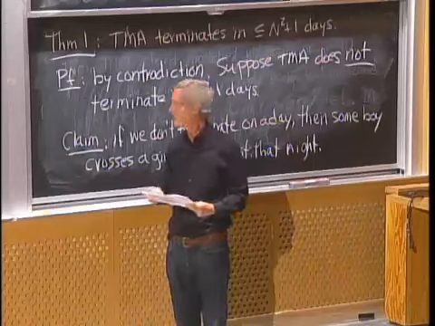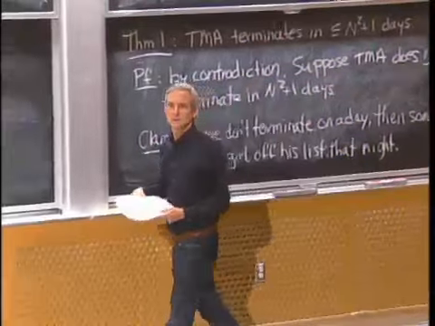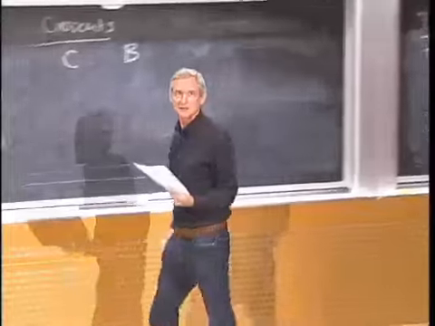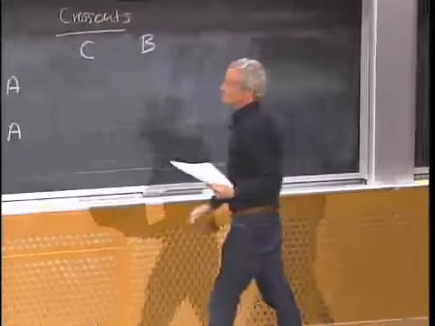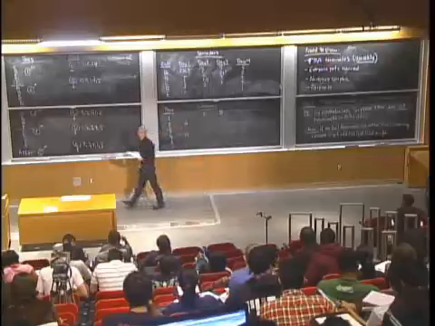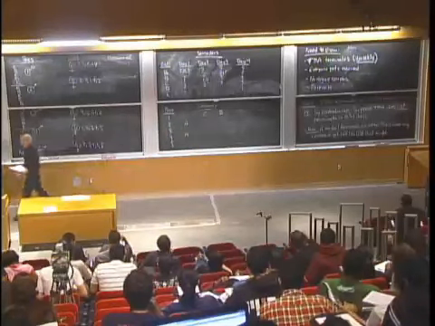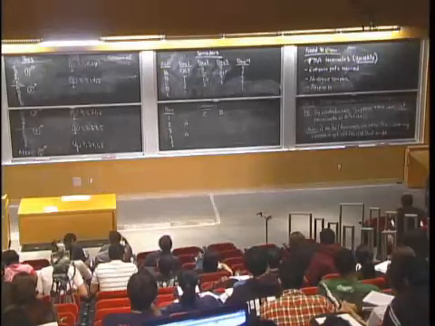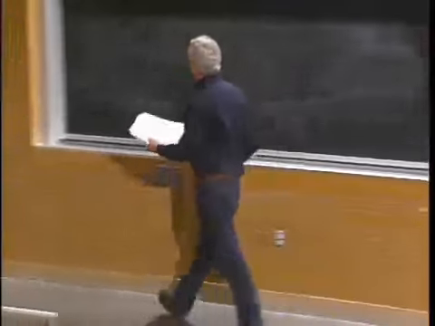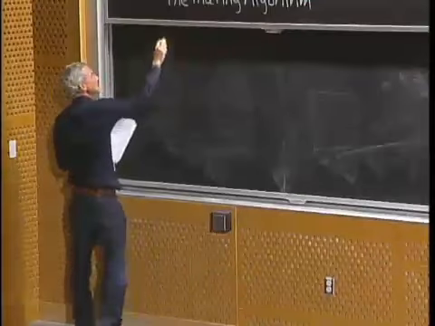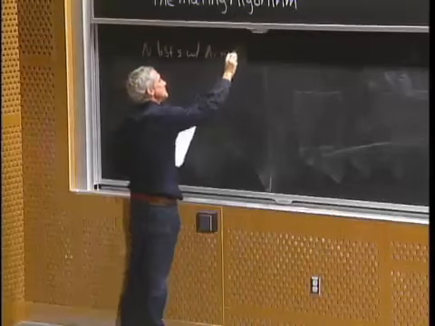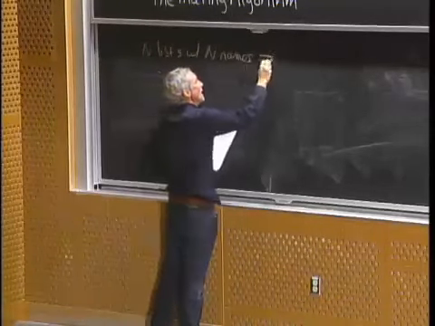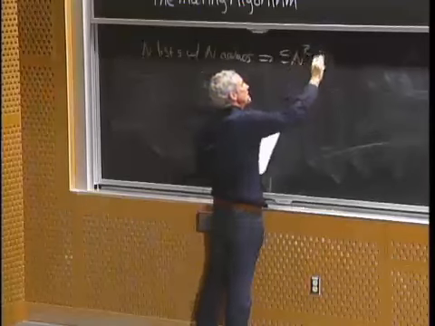Well, is that possible? To have done n squared plus 1 crossouts? What do you think? How many names are on each list? N. And how many lists are there? N. So there's n lists with n names. That implies there's at most n squared crossouts ever.